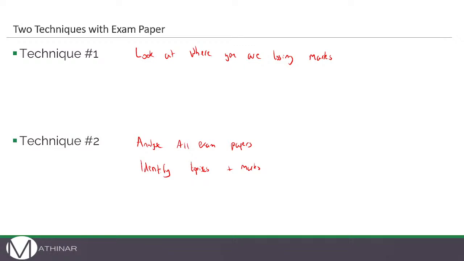You can guess that there'll be a decent amount of marks on circle theorems in your exam paper. And you do that for all of your topics, and you do that for all your papers. So this one, you analyze the papers without doing them. The technique we are looking at today is where you specifically are losing marks in the exam. So that's what we're doing today.